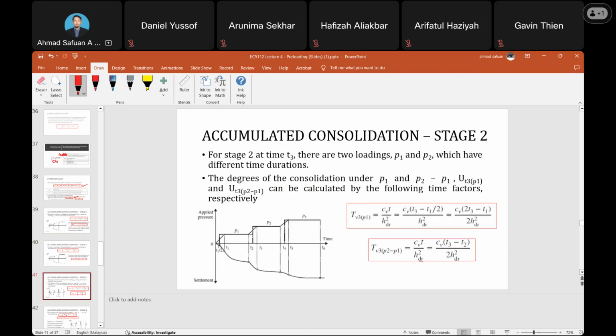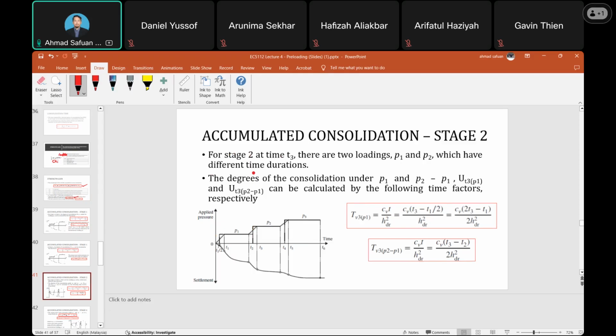Okay. Next, we start to increase the load, which represents T3. For stage 2, at time T3, there are two loadings, which are P1 and also P2, which have different time durations.